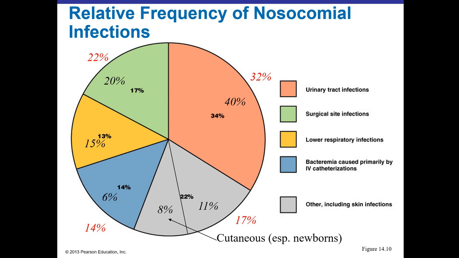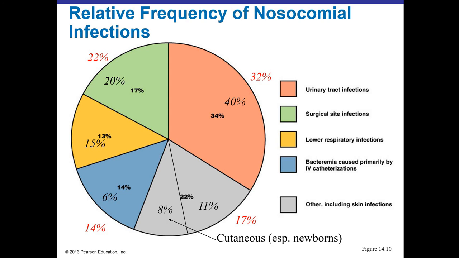That's why the respiratory therapist comes around and makes you do those respiratory exercises to try to get everything moving again, up and out. We see bacteremia caused primarily by IVs has been anywhere from 14%, dropped down to 6% for a while, and now up to about 14%.